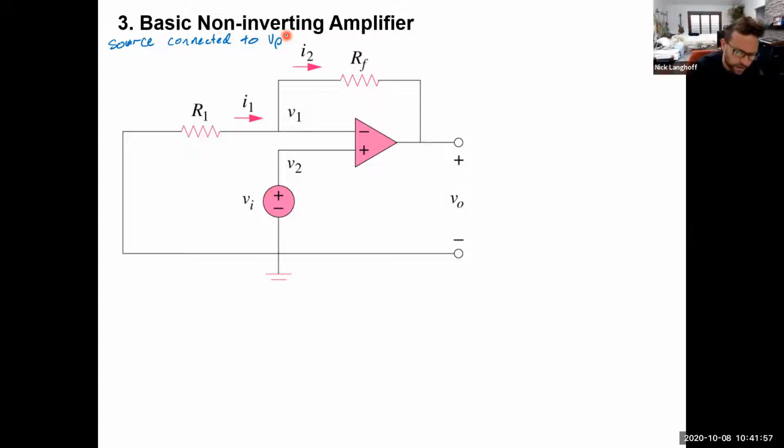Now, just one thing to think of: even if there's a resistor connected between VP here and the source, V source, so this is VI, the source, remember that at least for ideal op amps, there's zero current going into there. And so VP would still equal VI, and this would still be a non-inverting amplifier. That's something to keep in mind.